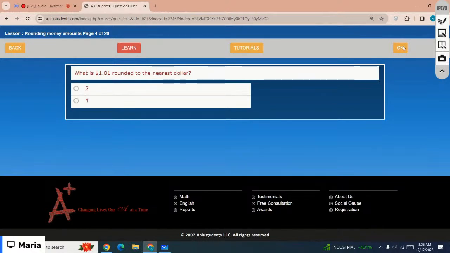What is 1.01 rounded to the nearest dollar? Which is the correct option? Yes, the correct option is $1.